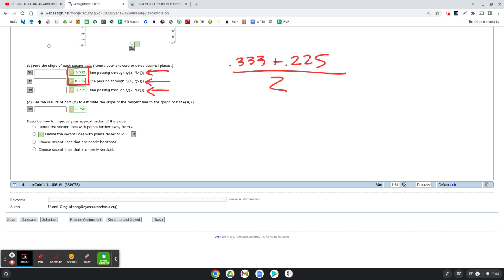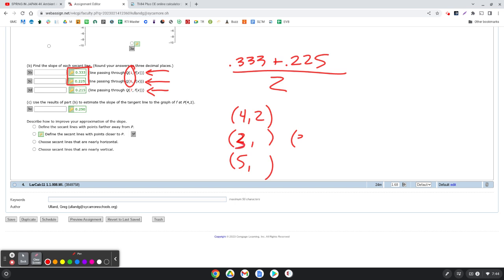And honestly, the best way to do that would be to pick better numbers instead of picking 1 and 6. Since we're trying to do this at the point 4 comma 2, why don't we pick 2 and 5? Okay, that would be the best way. Or even better, how about we did, sorry, this should be a 3 and 5.